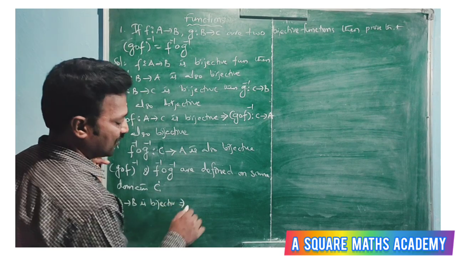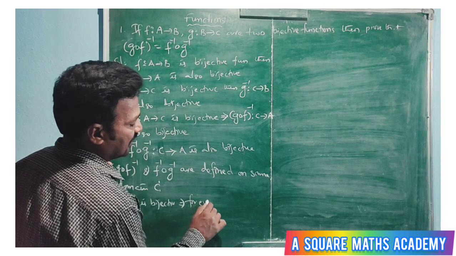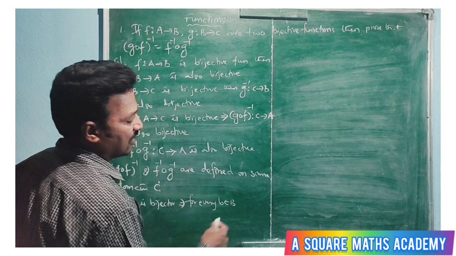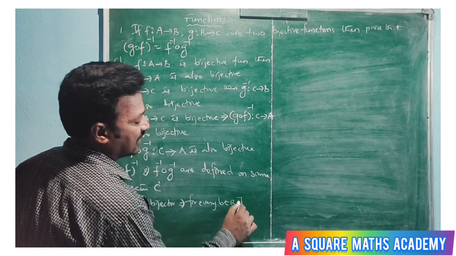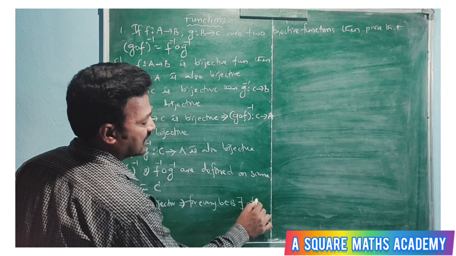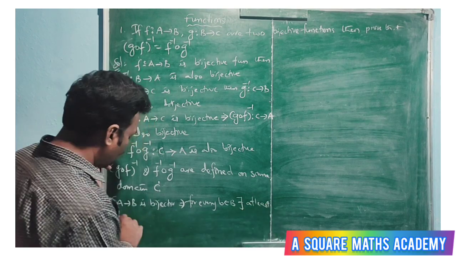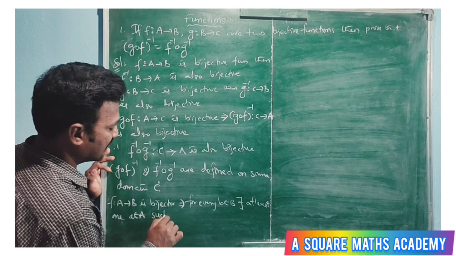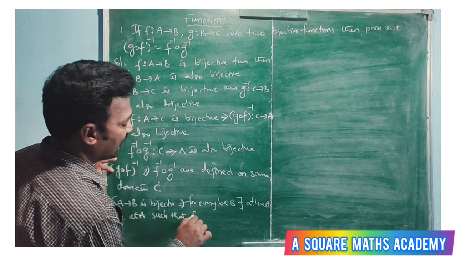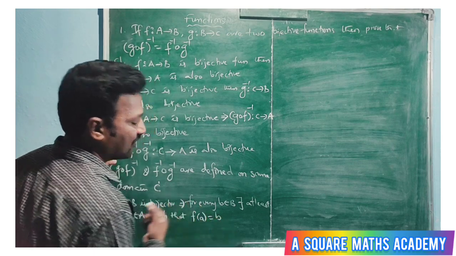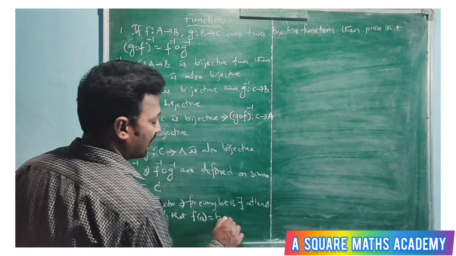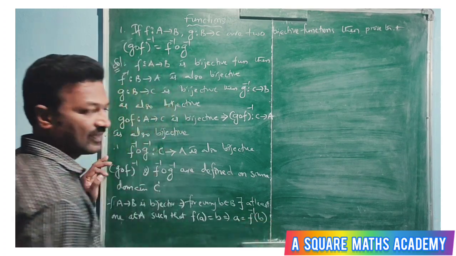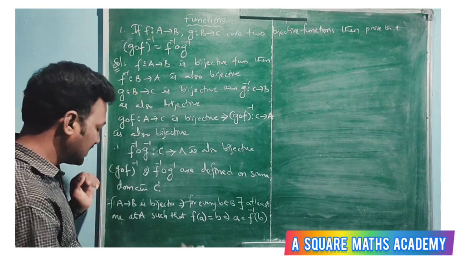That implies for every b belongs to B, there exists at least one a belongs to A such that f of a equals b. So that implies the inverse also exists: a equals f inverse of b.